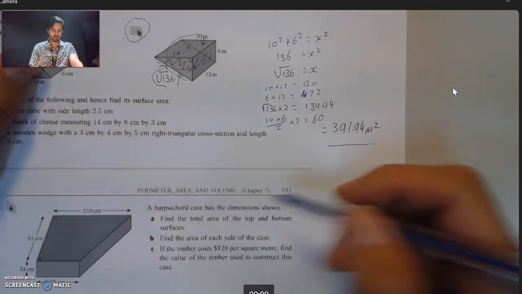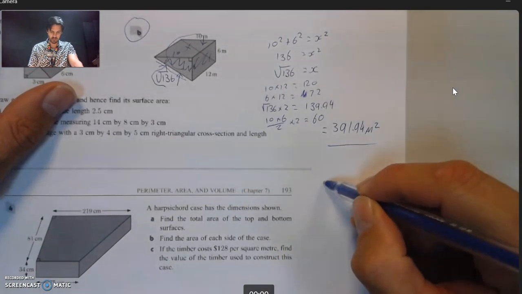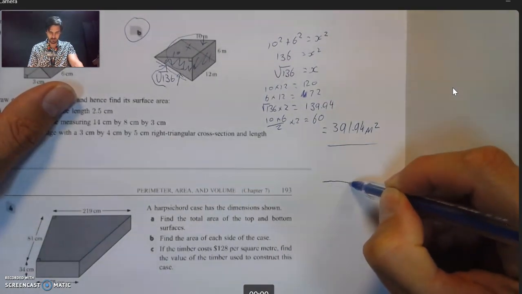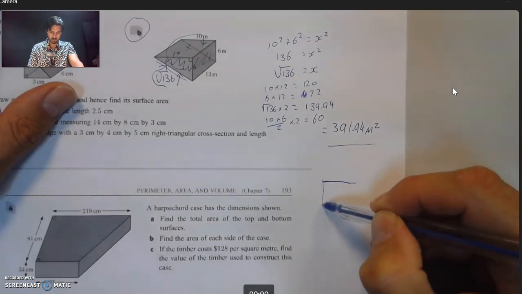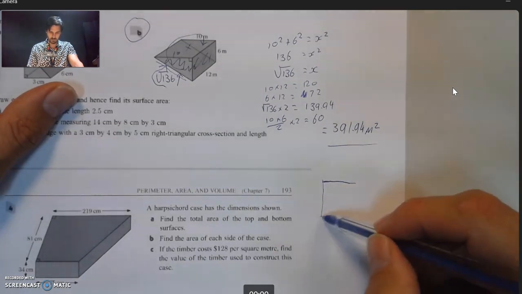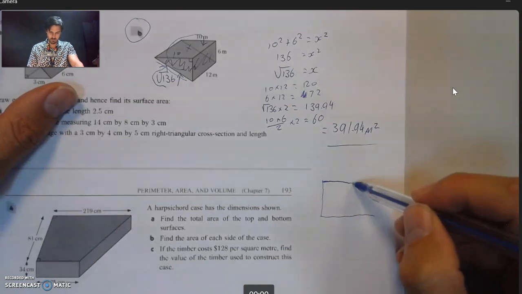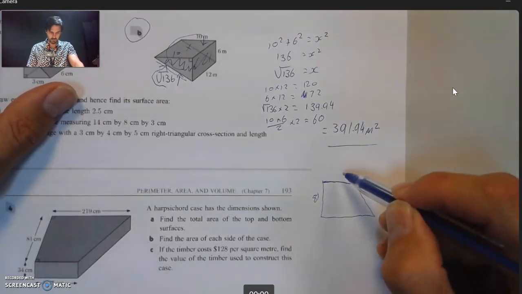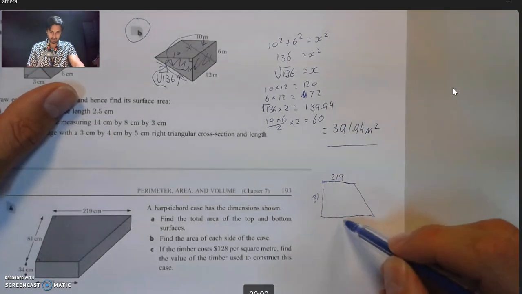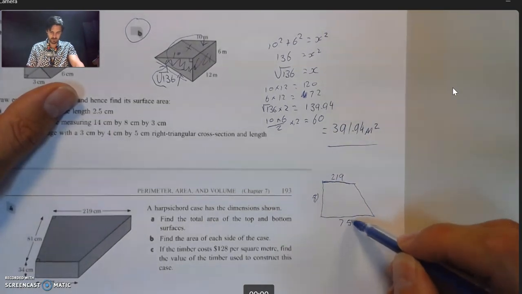But if we extract that shape out and flip it around, we actually do. So it's straight on one side, and then it has a longer side there. We know that this is 81, we know that this is 219, and we know that this is 75.